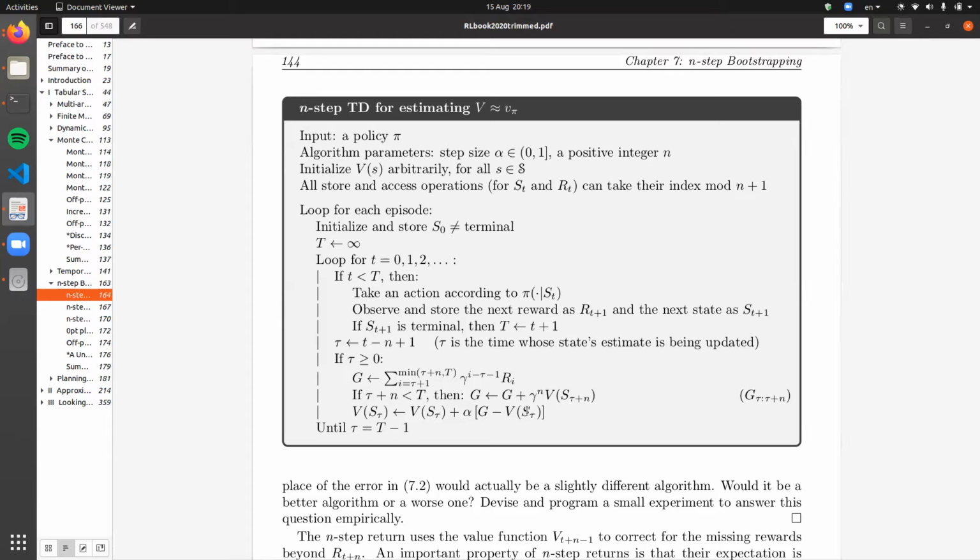I think so. They have estimated the values before they have actually done the calculations for the value estimate.